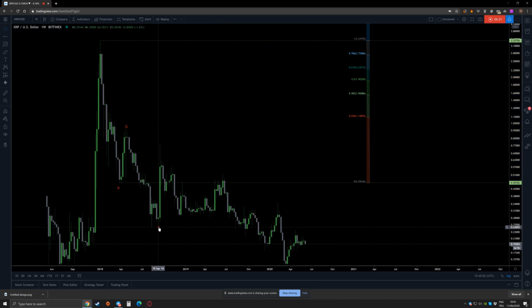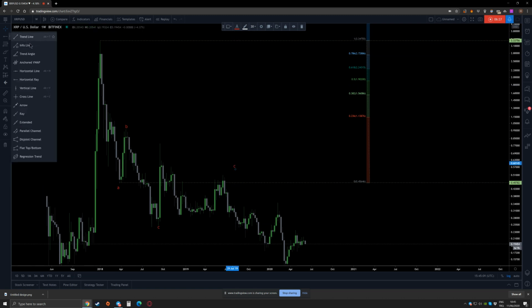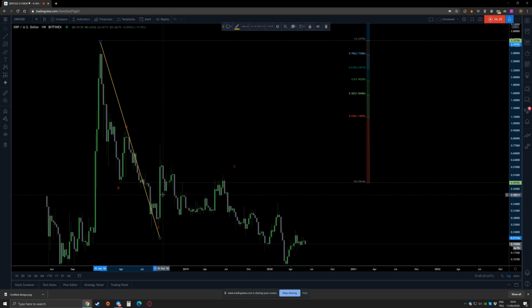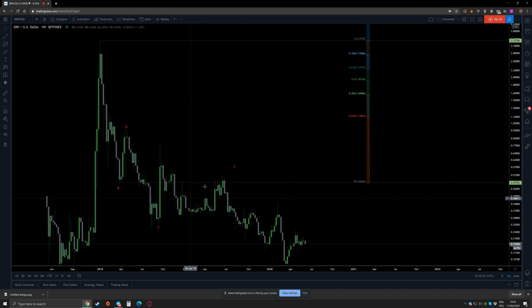So after this zigzag, what do we have? We should also check whether this ABC by itself is a simple correction or not. If you do the 0 to B trend line, this is how long it took, and it didn't come back to the B level, so it means that whatever started after the C wave has to be an X wave.